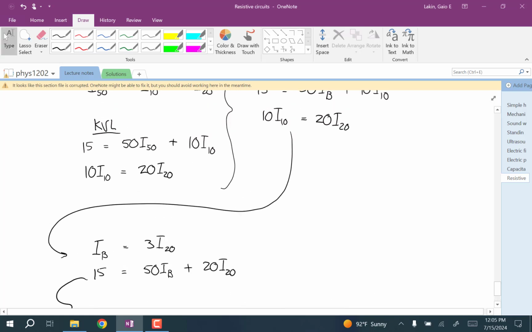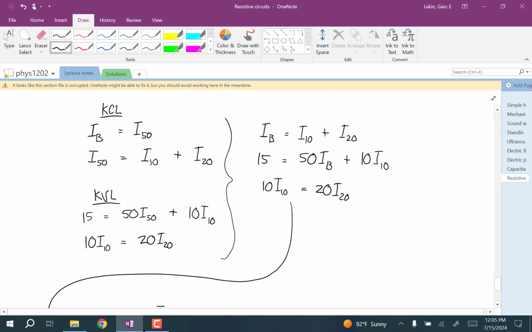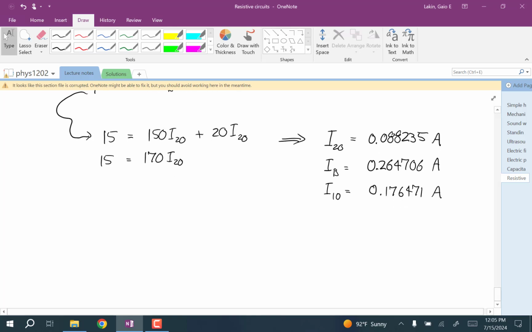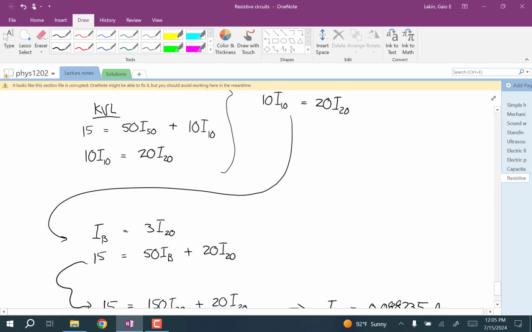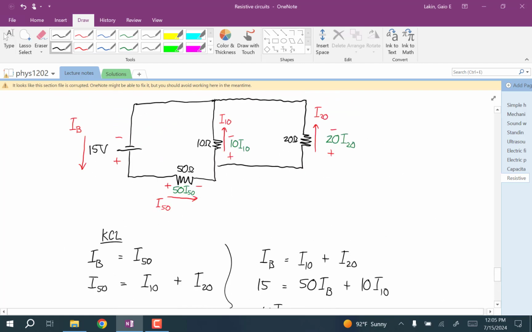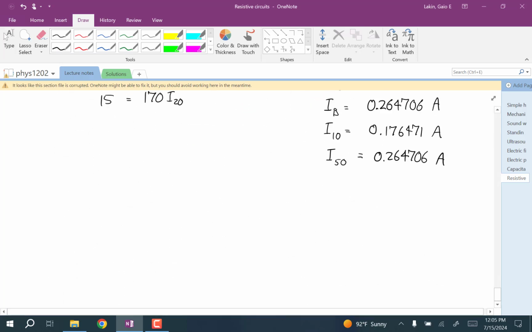And now we're just looking for a way to calculate I50. Well, I50 is equal to IB. So I50 is also equal to 0.264706 amps. And once I put those in, all the voltages, we know the voltage at the battery, the voltages at the resistors are just the formulas in green, where we just plug in those currents we just found.